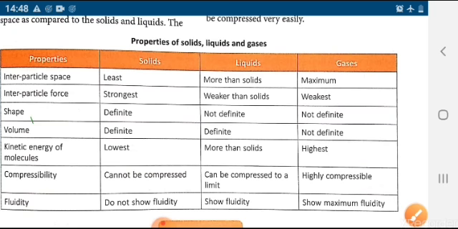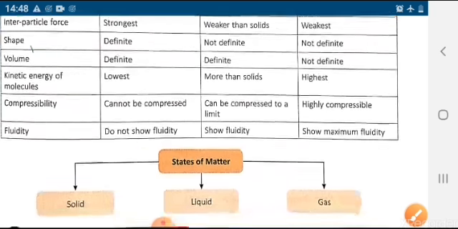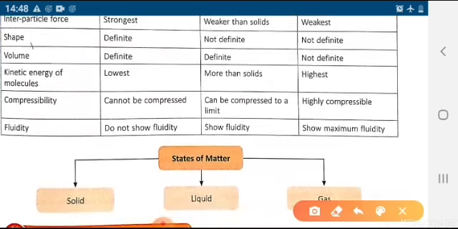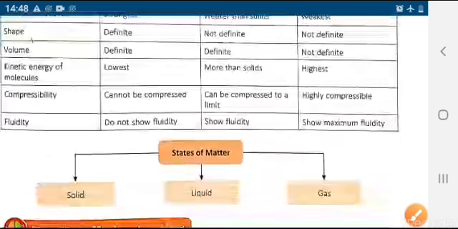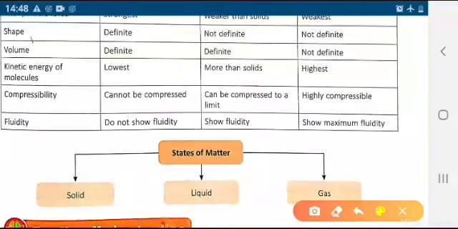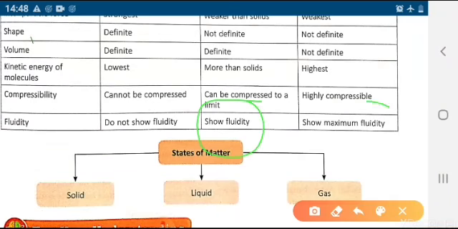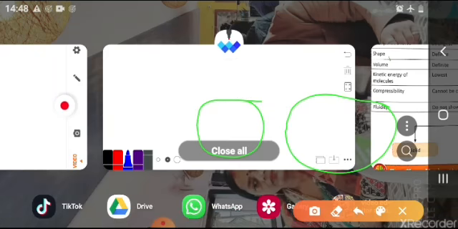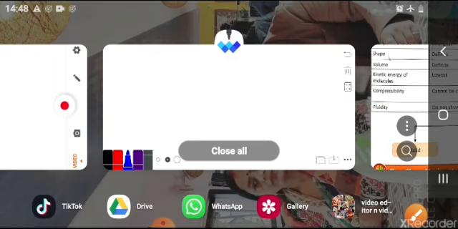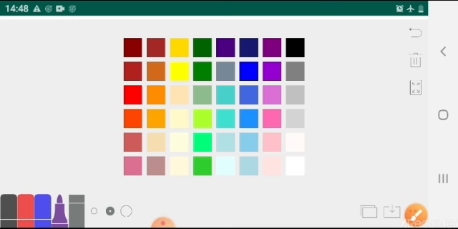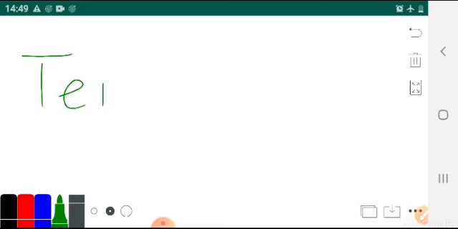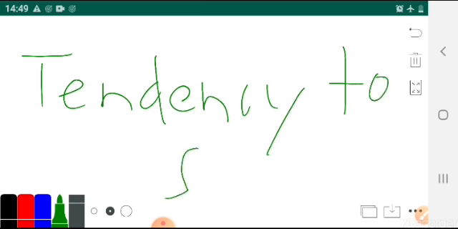Further, moving to the point fluidity, you can see that solids do not show fluidity, whereas in case of liquid and gases they show fluidity. And what is fluidity? As I've already explained to you, the tendency to flow is known as fluidity.